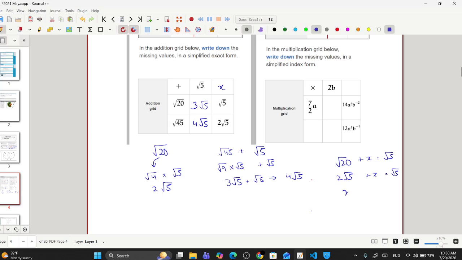So x equals under root of 5 minus 2 under root of 5, and I think that answer would be minus under root of 5. Yep, that makes sense. Is this part clear to you? Yeah. Minus under root of 5.